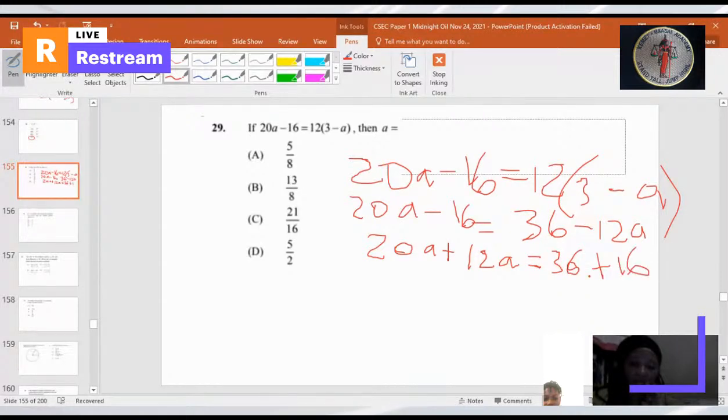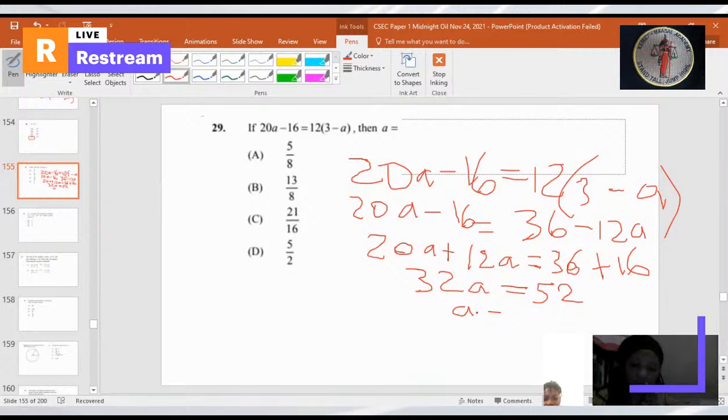So what is over here is 52. 32A equals 52.